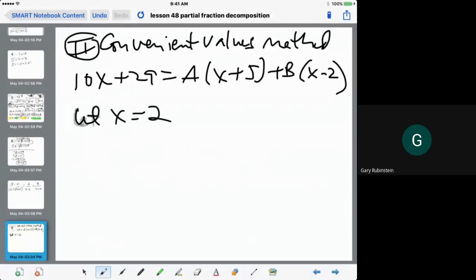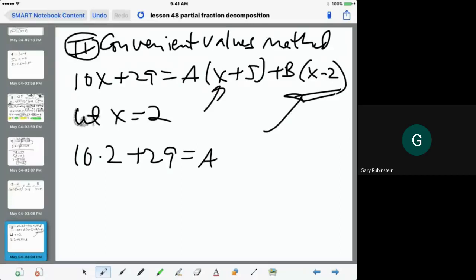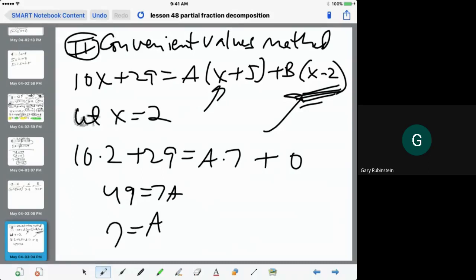Yes, Jonathan says it eliminates the b. Because when you put 2 in for x there, it becomes b times 0. So when you let x equals 2, you get 10 times 2 plus 29 equals a times 2 plus 5, and the b term becomes 0. Well, that's really convenient. So you get 49 equals 7a, and a equals 7.